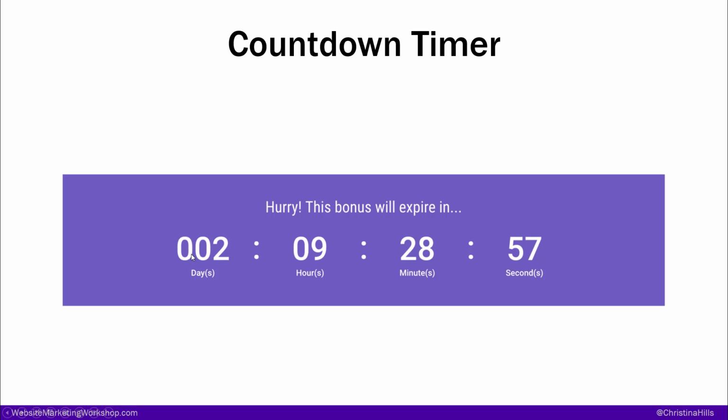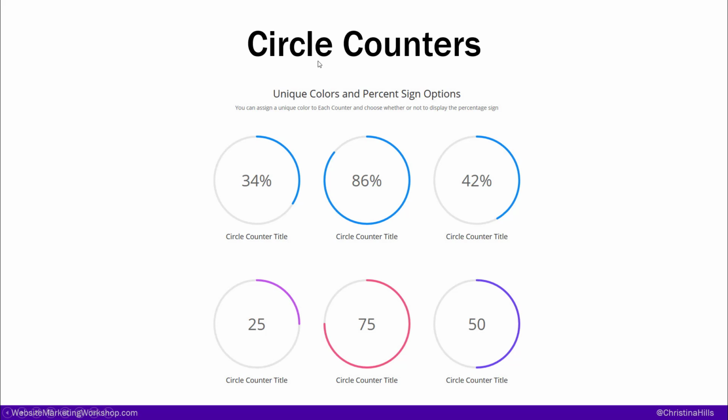There's also countdown timers. This bonus will expire in, and then it will count down. Then there could be circle counters. So when you land on a page, this will animate on, and it's kind of cool. I don't use it very often, but it's kind of cool. You don't have to program the animation.